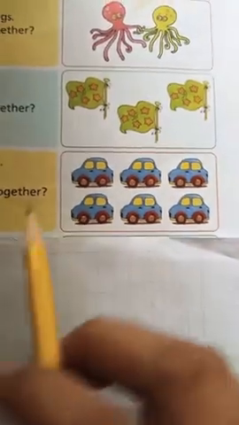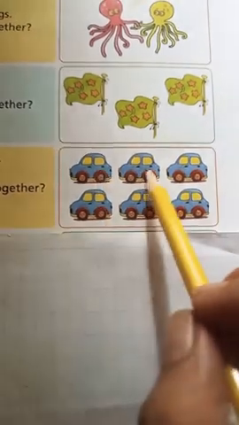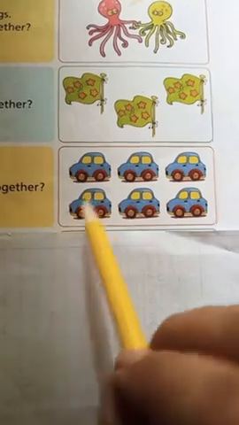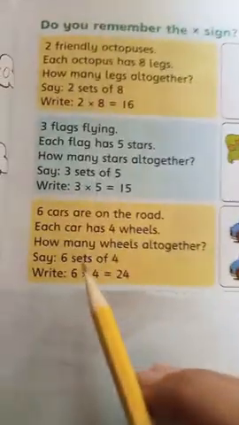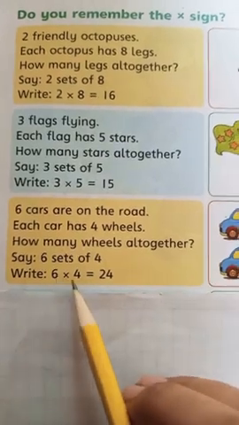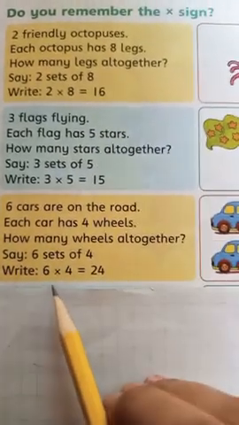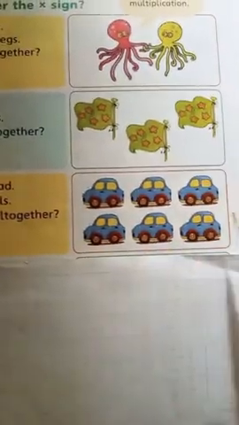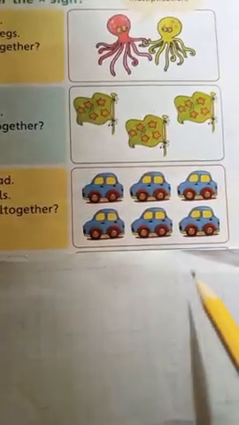How many sets do we have there? 1, 2, 3, 4, 5 and 6. We have 6 sets of 4. So we are going to write it as 6 multiplied by 4. 6 fours are 24. So we have calculated that here we have 24 wheels altogether.